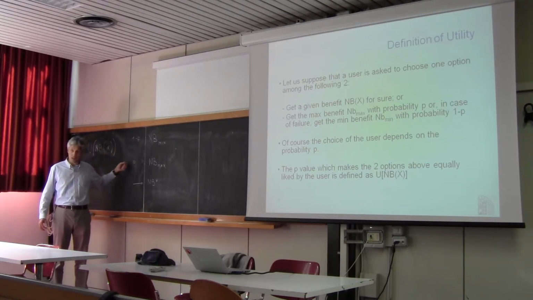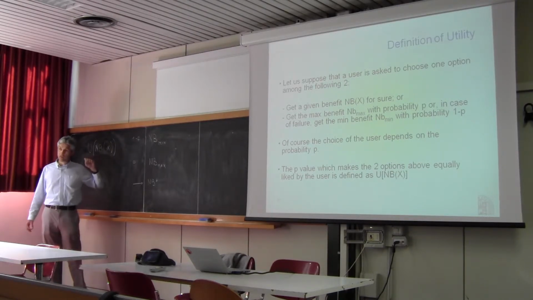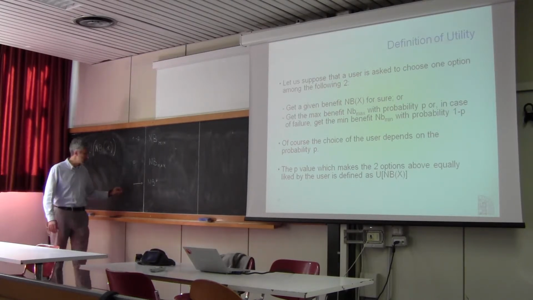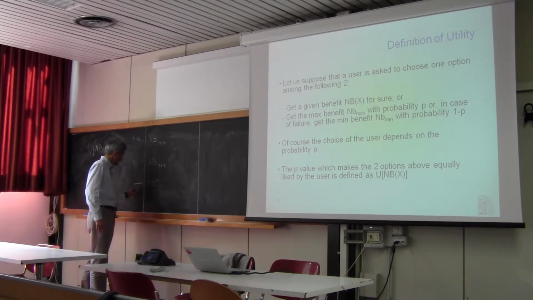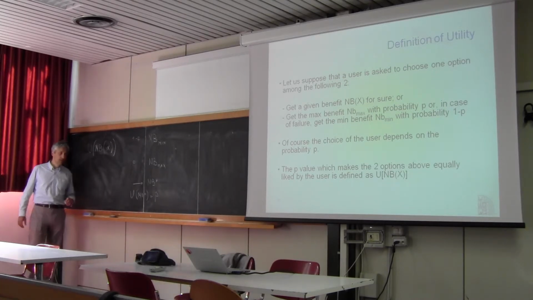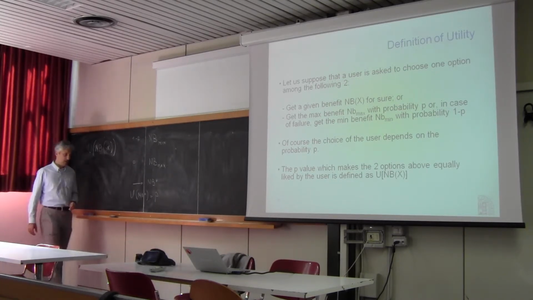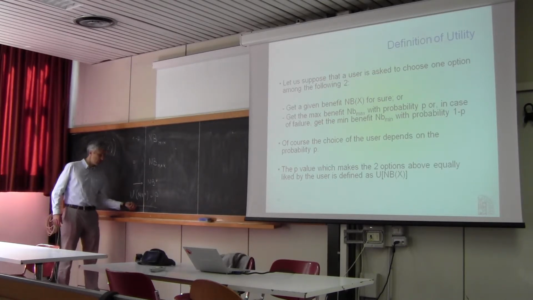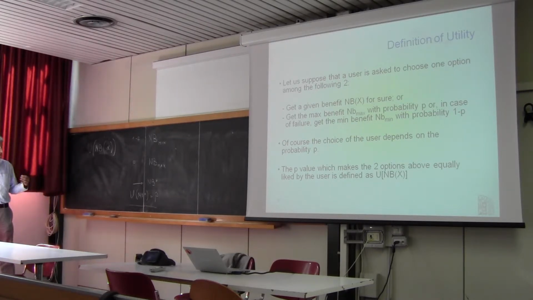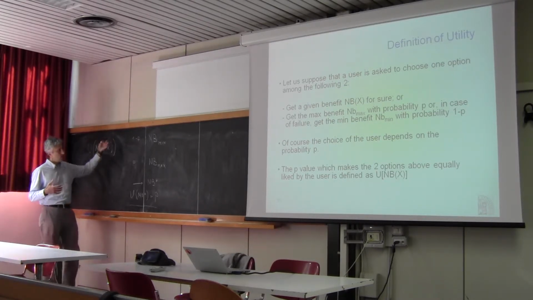As I said, this P-value is very high if he's prudent, is low if he likes the risk. So this P-value is defined as the utility of NB star. So utility of NB star equals P, where again P corresponds to the value of the above probability, which makes the user not concerned at all about one alternative or the other.